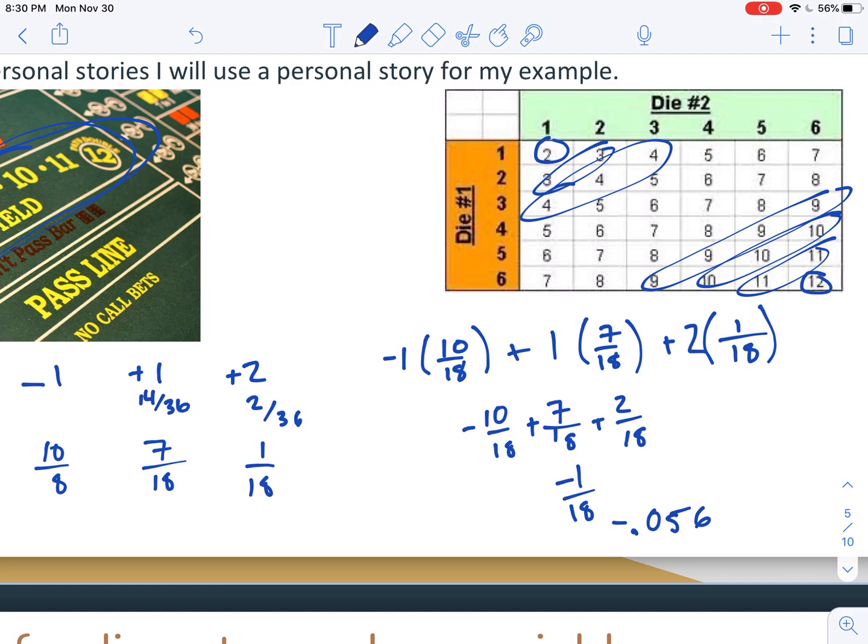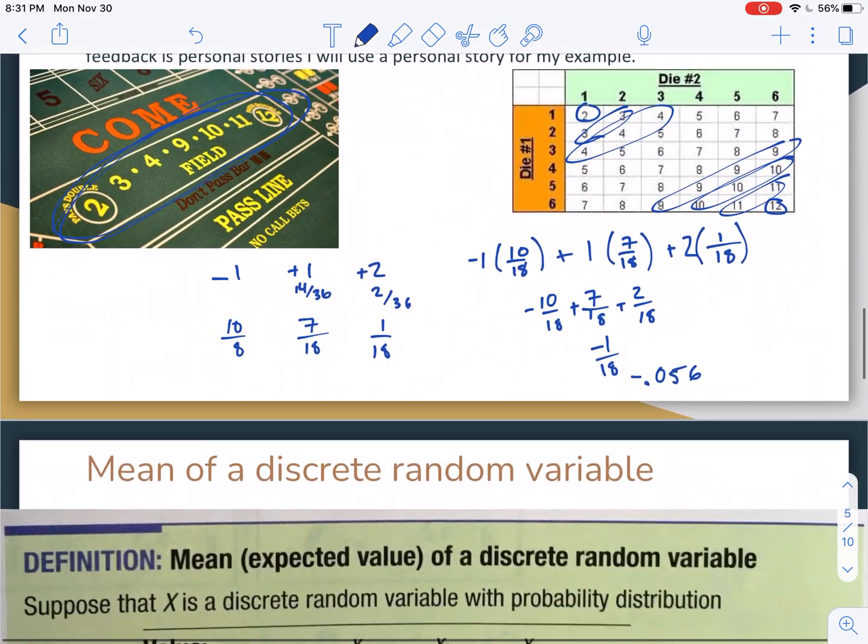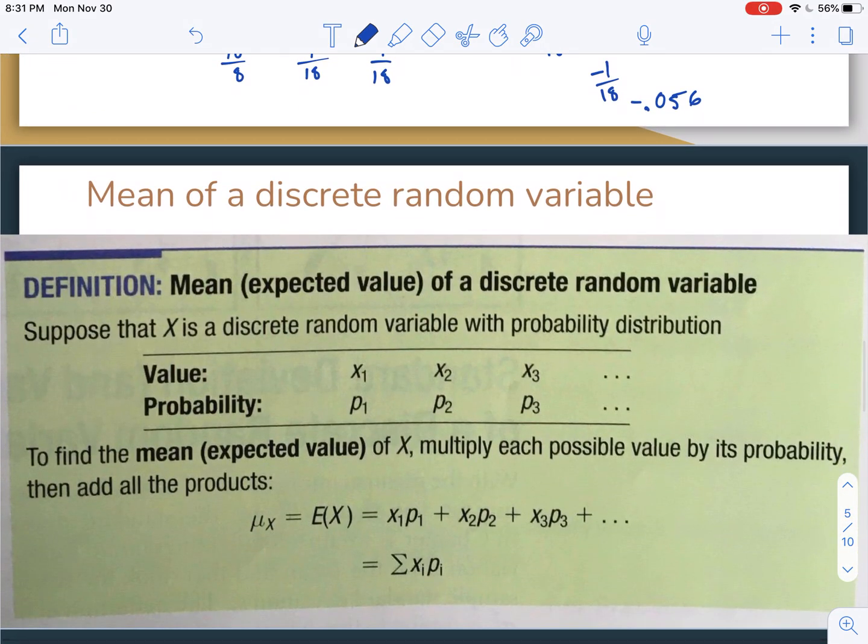Well, that doesn't make sense, does it? If I'm betting $1, how am I losing 5 cents? You can't really lose 5 cents on that dollar. That's not how the game works. That's not an actual outcome. Well, this is because the expected outcome, or the expected value, is the same thing as the mean. So this is the mean outcome. So let's say I'm like one of my friends.